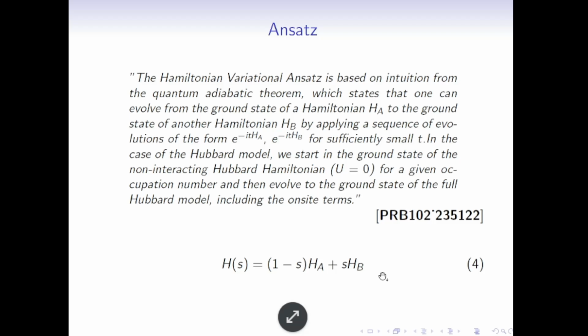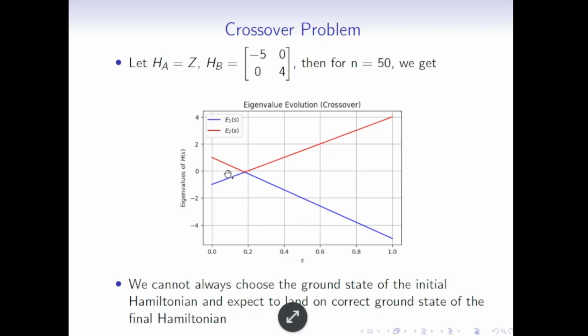So this crossover problem shows that if you take something like the Z operator, start with the ground state of that operator, and perform adiabatic evolution, do the 50 steps, you will not land on the ground state, right? So you will go into this upper state which you were not expecting.